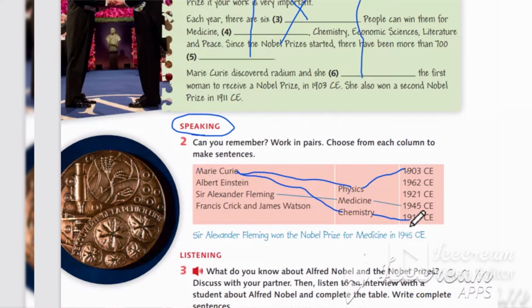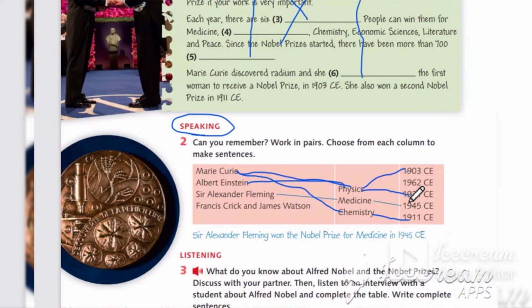Now we'll go to Albert Einstein. Albert Einstein won the Nobel Prize for physics. Excellent. He won the Nobel Prize for physics when? In 1921.